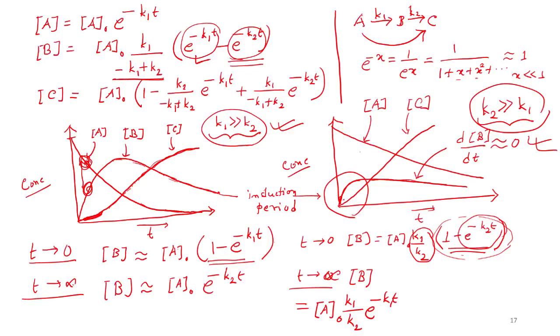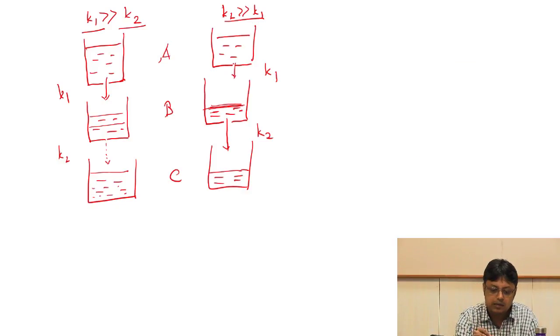So initially B has a rise, but then it just doesn't change, because as soon as it is filled in, it is decaying, and quickly C takes over. It just goes above B very quickly, and A is decaying very, very slowly. The reason is A has a very small hole.